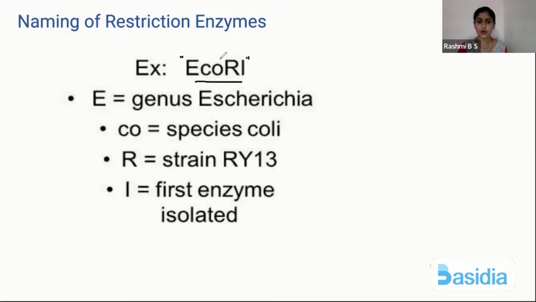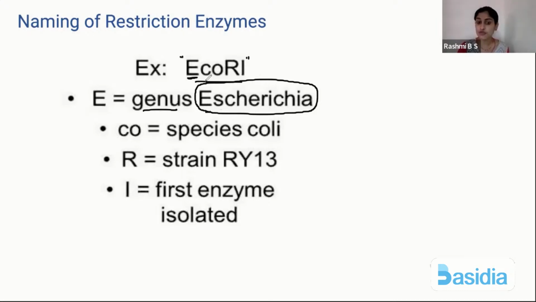Let us look at the word EcoR1 here. The first letter E always refers to the genus from which it has been isolated. In this case, the restriction enzyme EcoR1 is isolated from a bacteria, Escherichia. The genus is Escherichia.